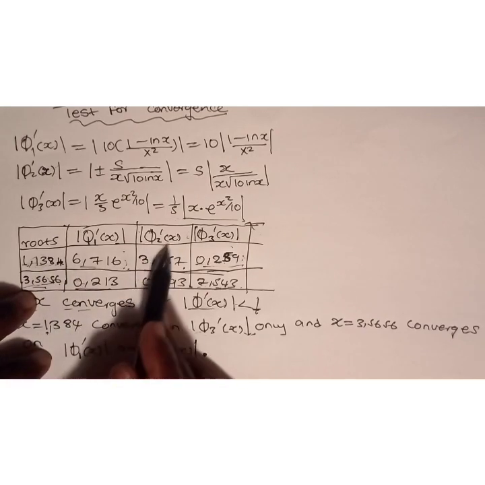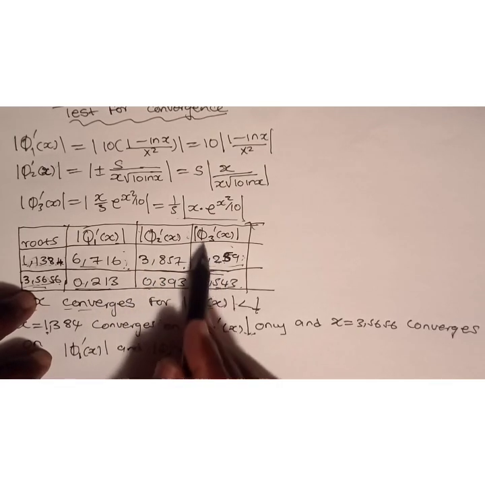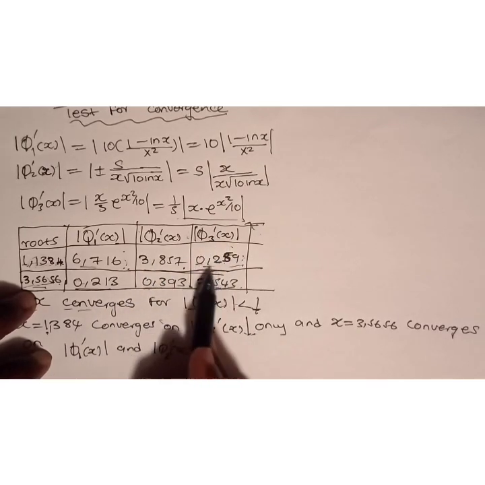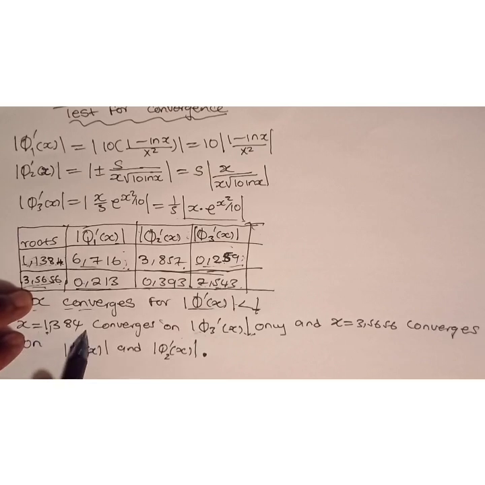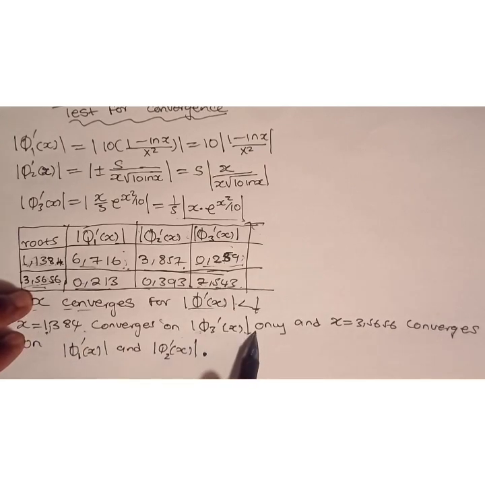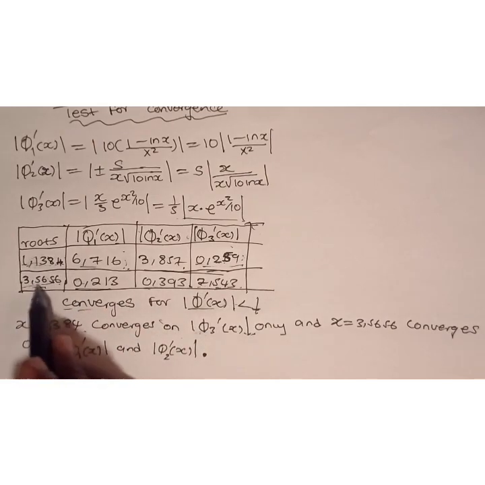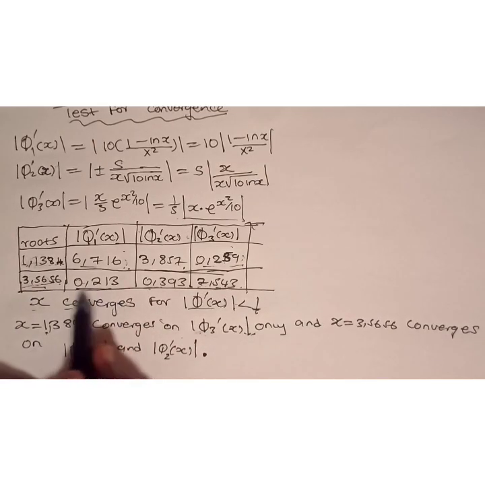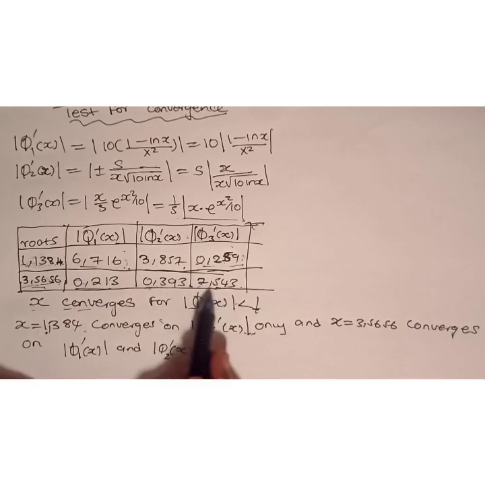And the absolute value of the derivative of phi 2 is bigger than 1, so it diverges. But the absolute value of the derivative of phi 3 is 0.259, which is less than 1. That's why I said this value only converges on phi 3. As for this second one, it converges on both phi 1 and phi 2, but diverges on phi 3, since 2 point something is bigger than 1.